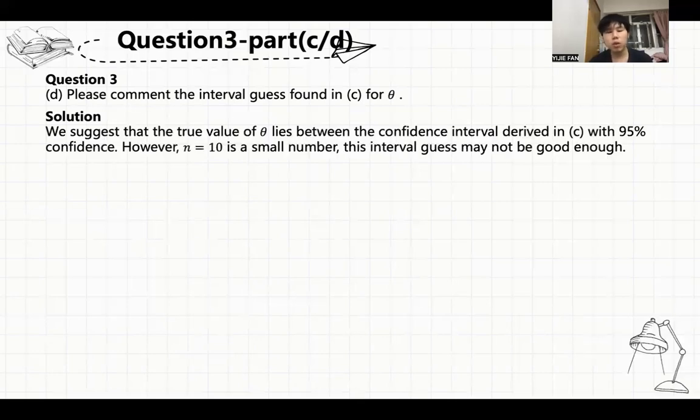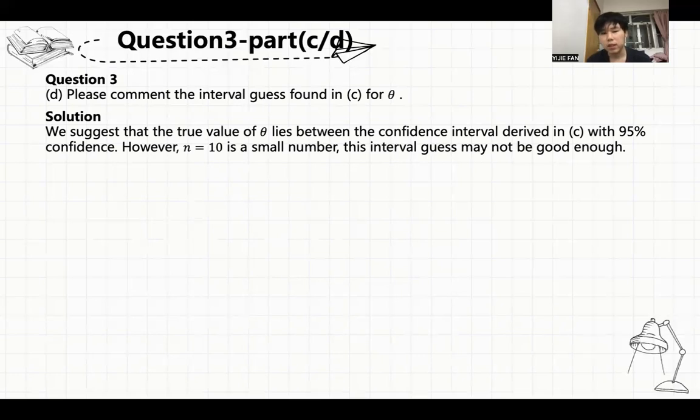So we suggest that the true value of theta lies within the confidence interval derived in part C with 95% confidence. But n, which is equal to 10, is a small number. Often we need n to be larger, maybe 30.